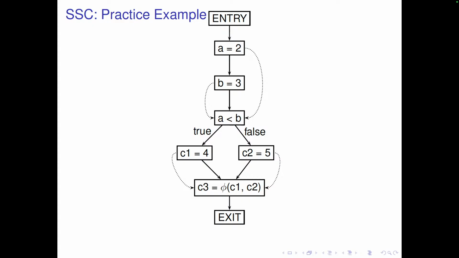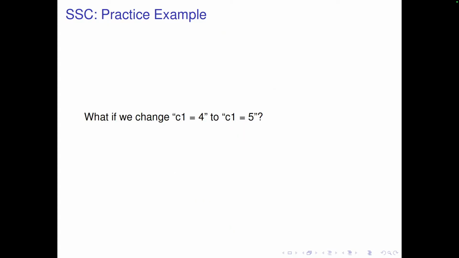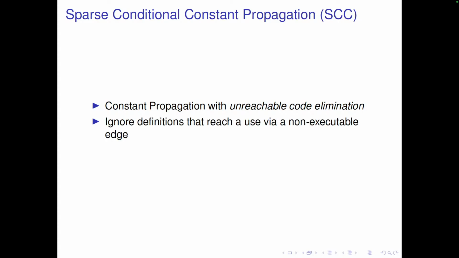That's what you can do using sparse conditional constant propagation. This is simple constant propagation. We are not taking into account conditions anywhere. Sparse conditional constant propagation is on top of that constant propagation, along with, conceptually I should say, unreachable code elimination.